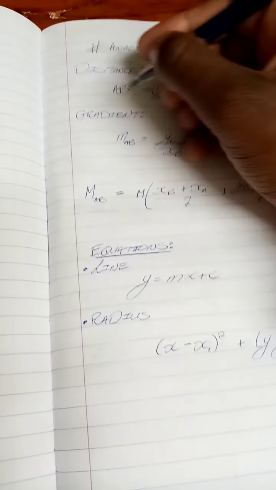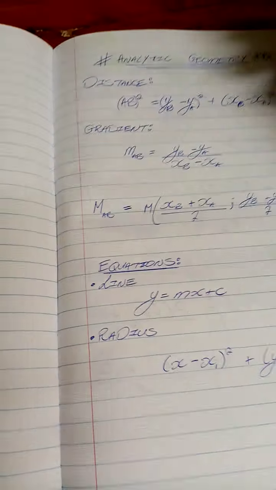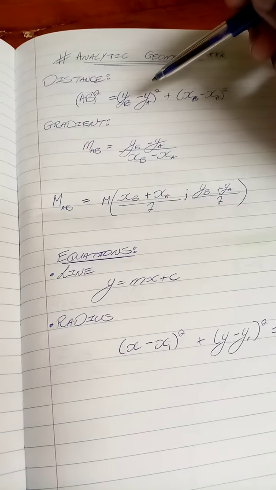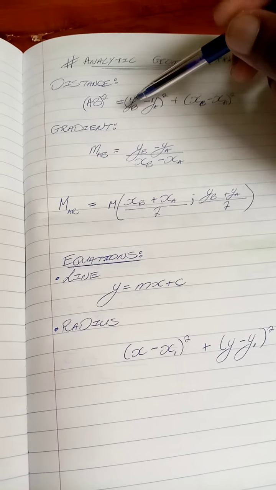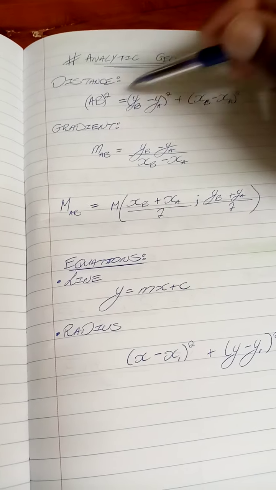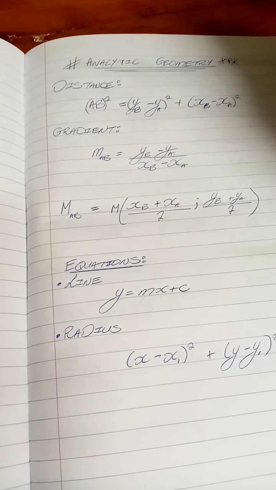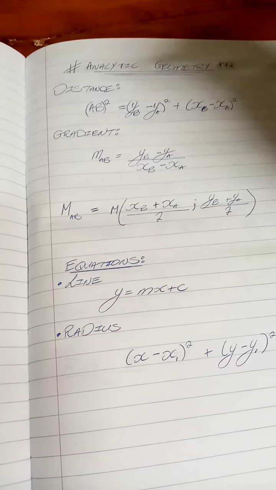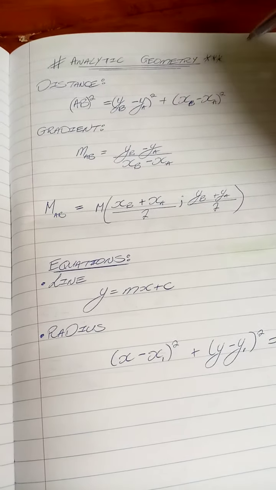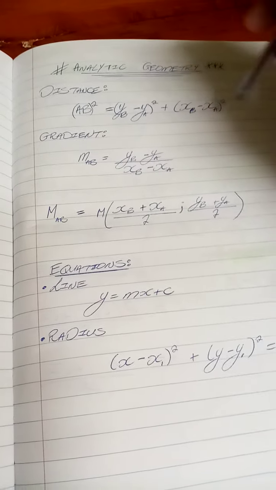AB squared, meaning the square of the whole AB, but it is written as just AB squared, equals the y coordinate of B minus the y coordinate of A, squared, plus the x coordinate of B minus the x coordinate of A, squared.